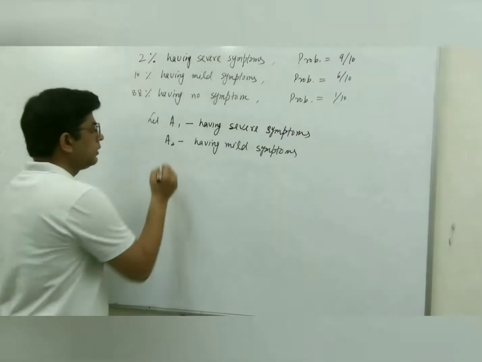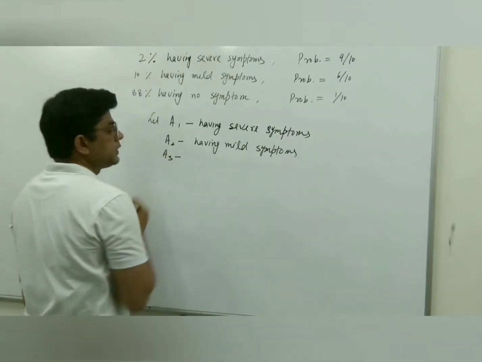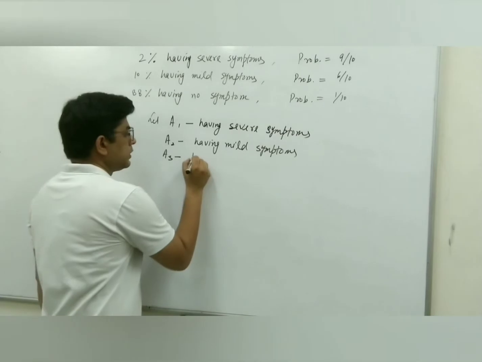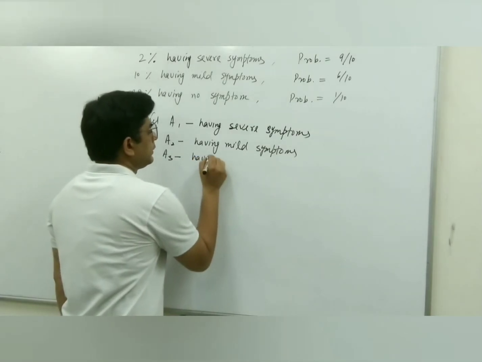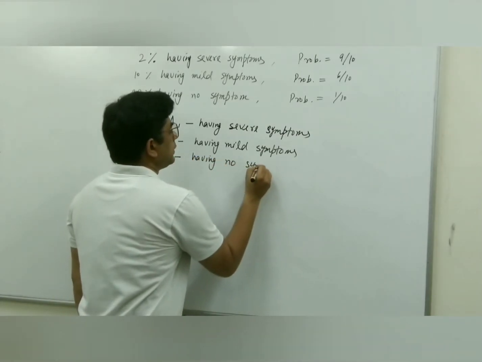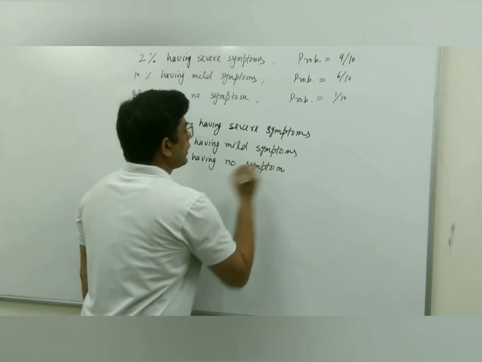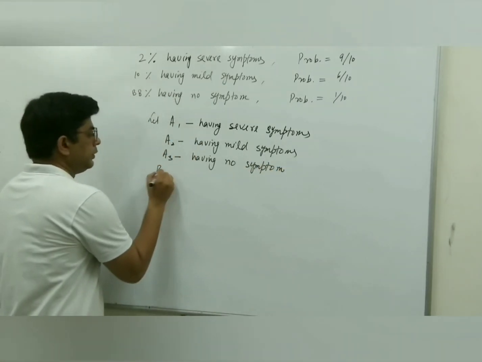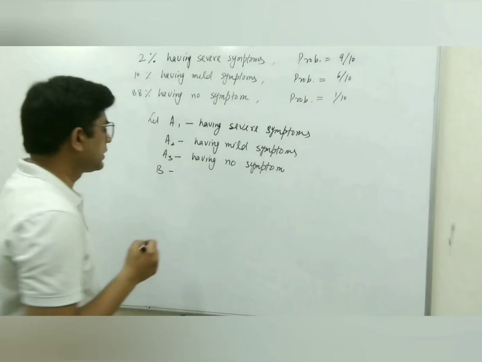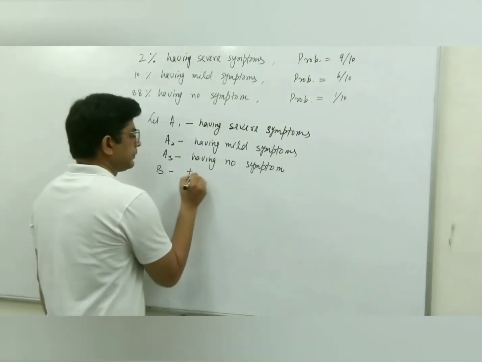And A3 be the event in which the person X has no symptoms. Also, let B be the event in which the person X tests positive.